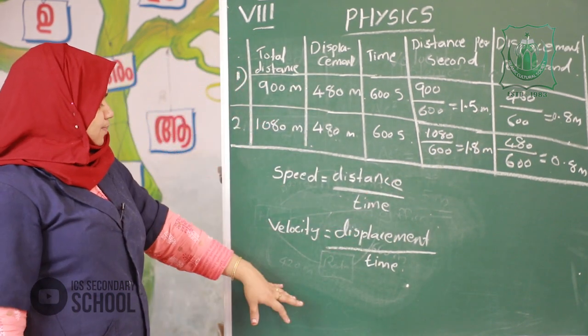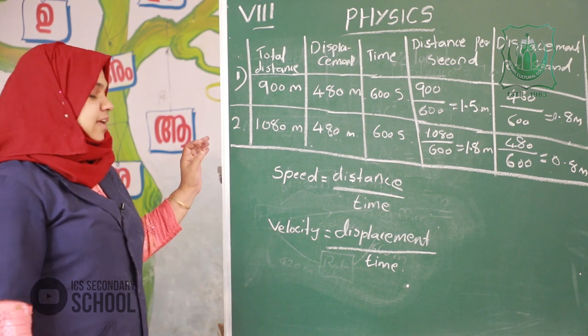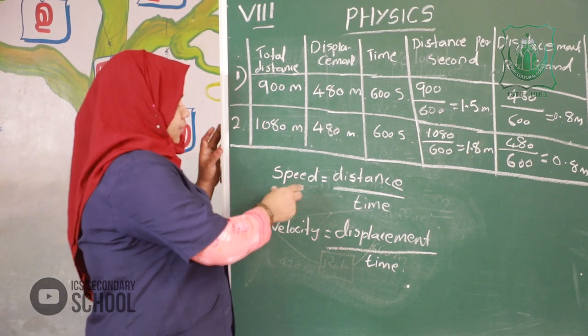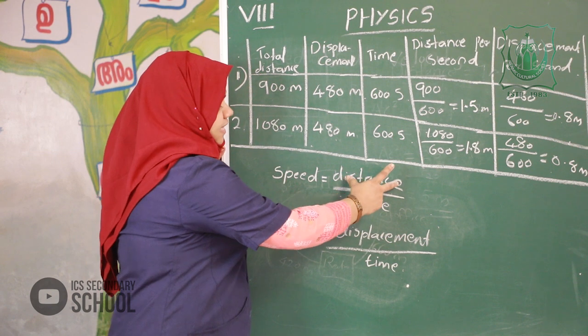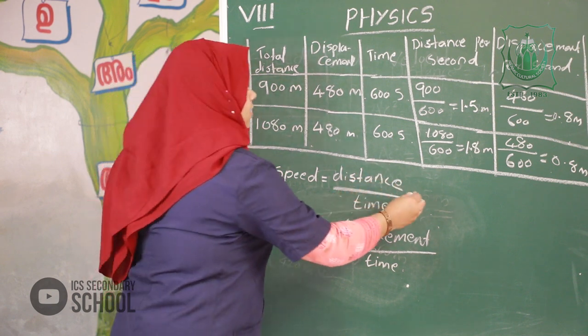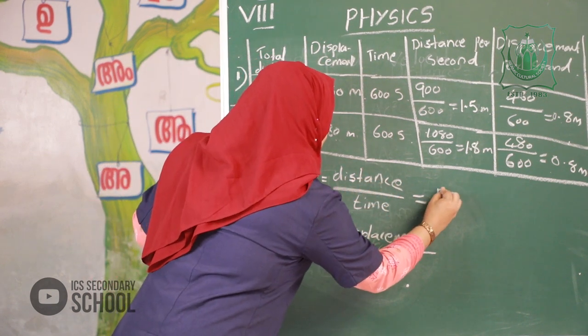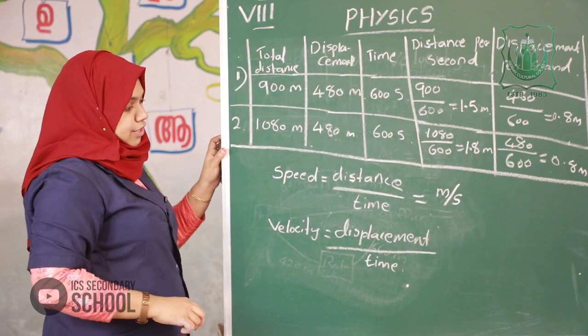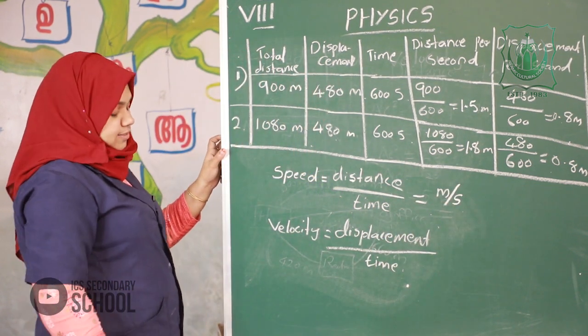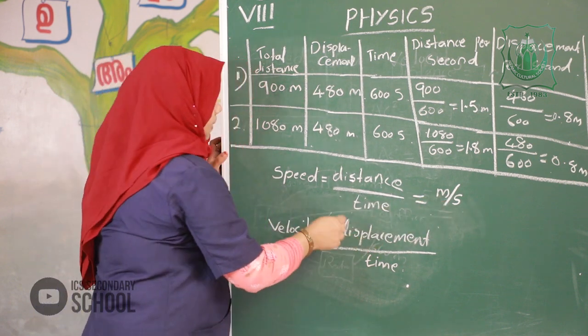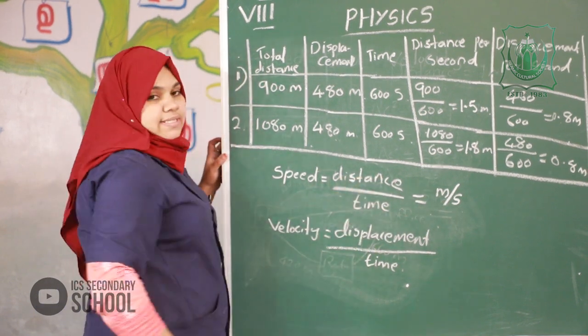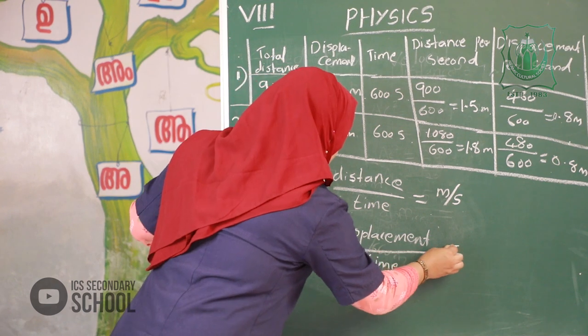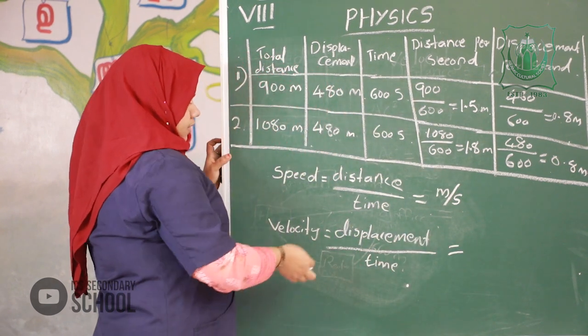What is the unit of speed and what is the unit of velocity? You know how to find the unit? Unit of speed is equal to unit of distance divided by unit of time. The unit of distance is meter, the unit of time is second, so meter per second. Then what is the unit of velocity? Same.